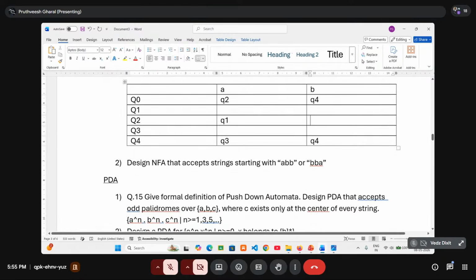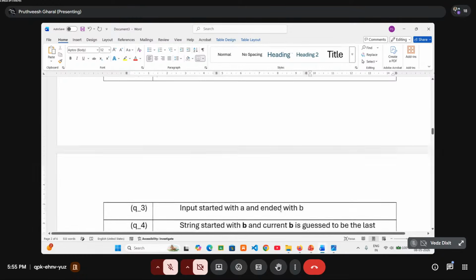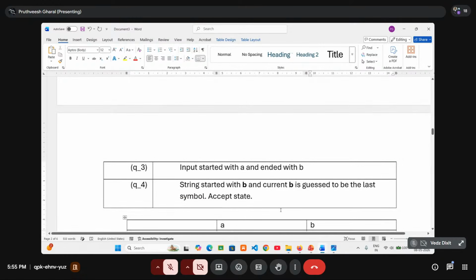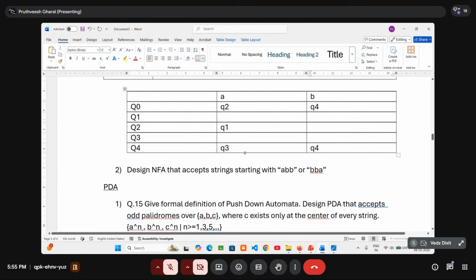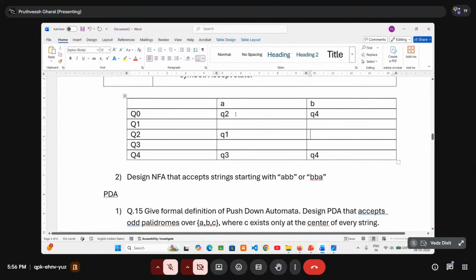So I will fill the transition table here quickly. Just give me a minute. Q0.